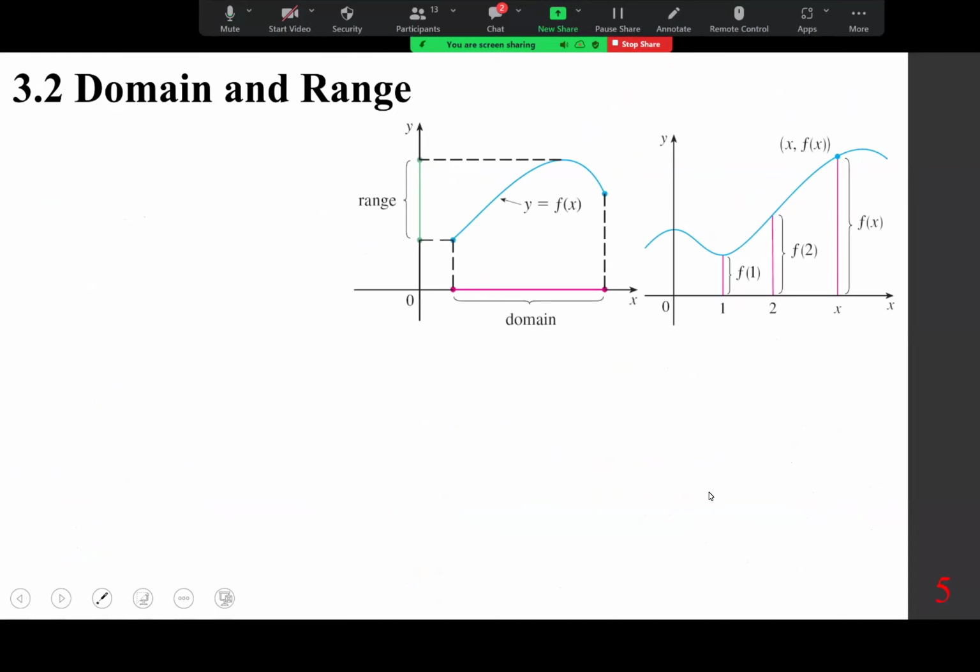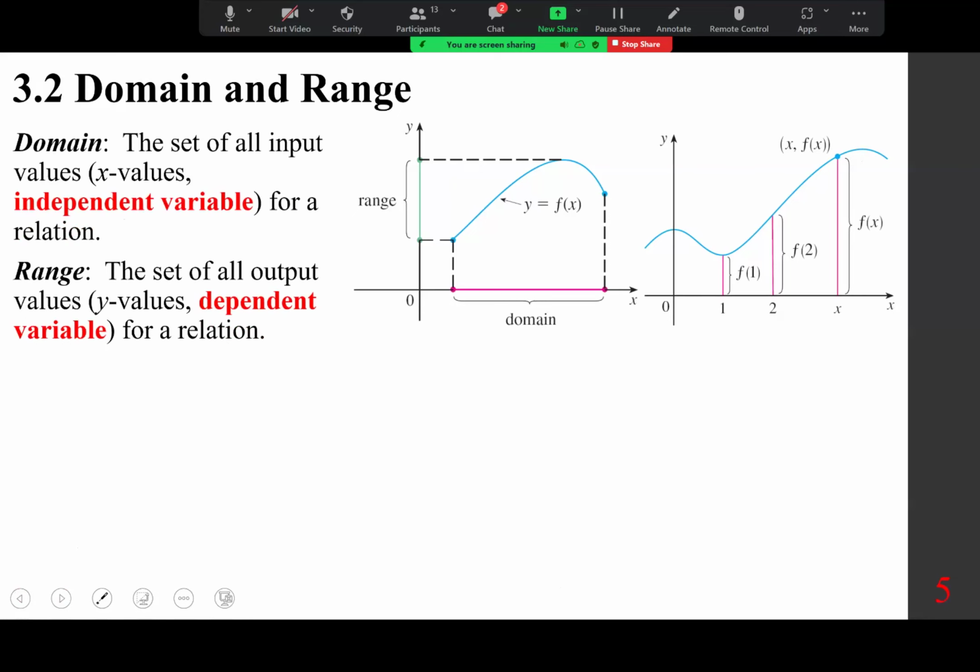Domain and range. Domain, the set of all input values, x values, independent variable for a relation. Range, the set of all output values, y values, dependent variable for a relation. So if this is the case, we have a solid point here, the endpoints are included.